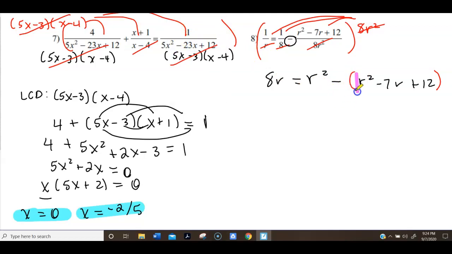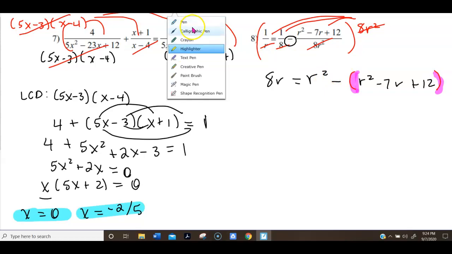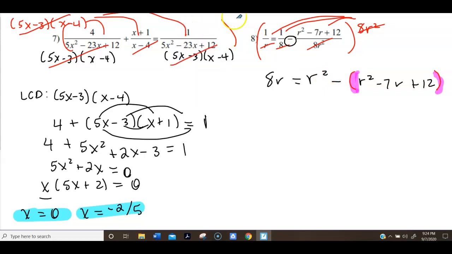These parentheses here are really, really important. So it's subtract, and then if you subtract the whole thing, you're going to distribute this subtraction through the quadratic factor. So let's do that now.